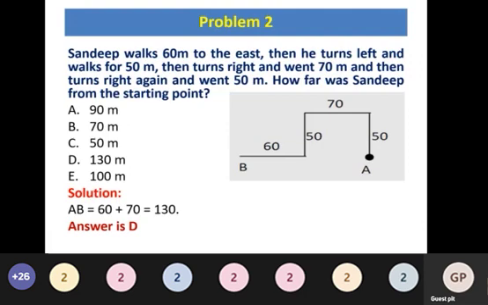If we see the solution, as far as the diagram is concerned, the distance traveled by Sandeep from the starting point, AB, is equal to 60 plus 70, which is 130 meters. So obviously the answer is D, 130 meters.